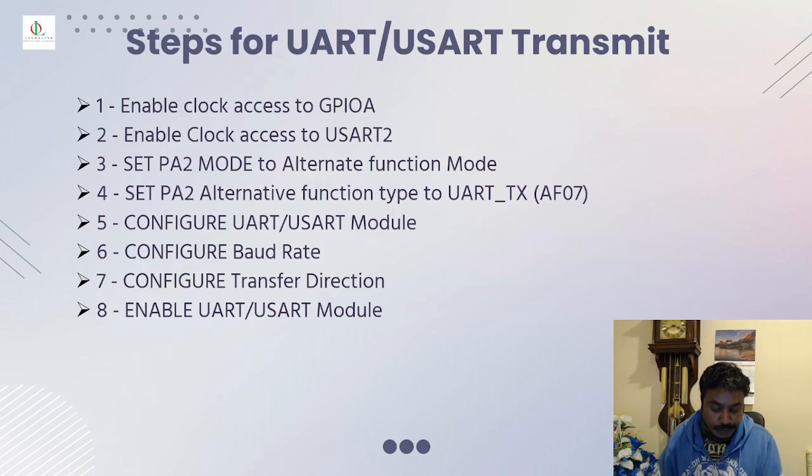So the first step is to enable the GPIO port where the USART will be configured. We are taking GPIO A; it can be GPIO B, C, D, whatever, but as a standard practice, we'll start with GPIO A. If you want to enable the clock, you've got to learn which bus is connected to which port, which peripherals are connected to which bus, and how that's communicated to the microcontroller.